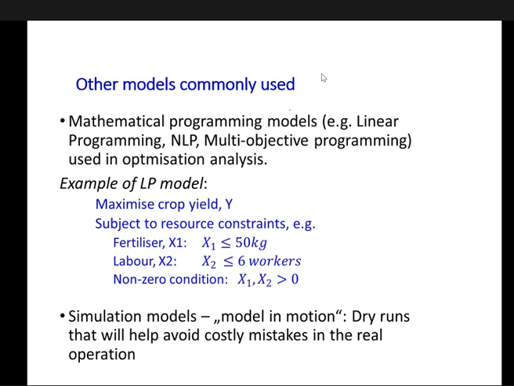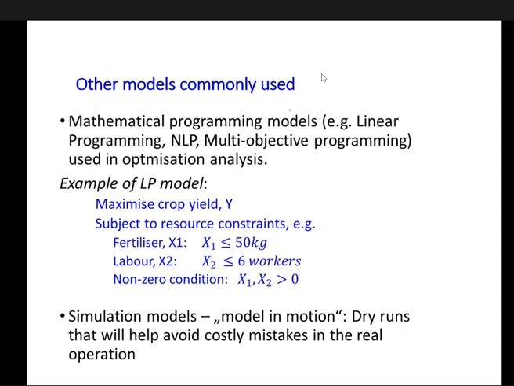The nonlinear programming model does not mean that the variables you are comparing have no relationship. Let me make a distinction between linear programming and nonlinear programming. Linear programming is where your hypothesis is that when you increase, for example, X1, the Y will always increase.